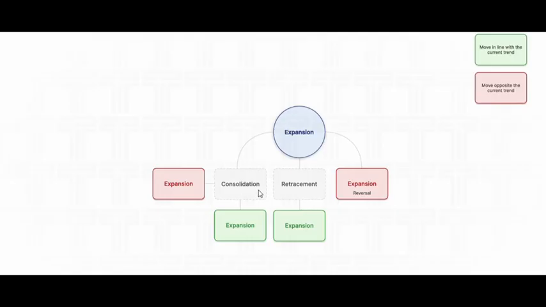Now that expansion can either be framed from a reversal, since it's a consolidation, either high or low can be taken, and then when the change state of delivery is formed, it can move in the other direction. So when the market is expanding and a retracement happens, we are expecting the market to continue its expansion in that direction.